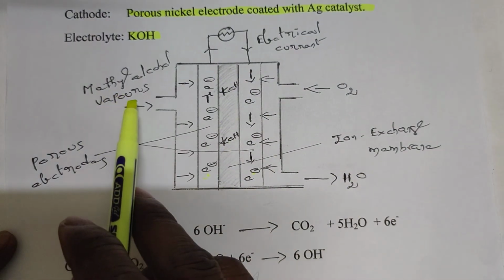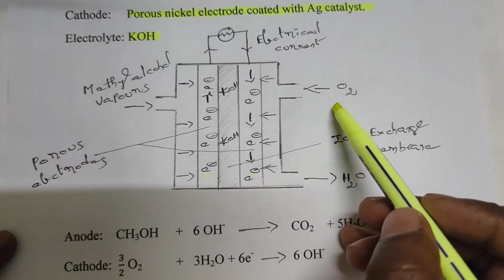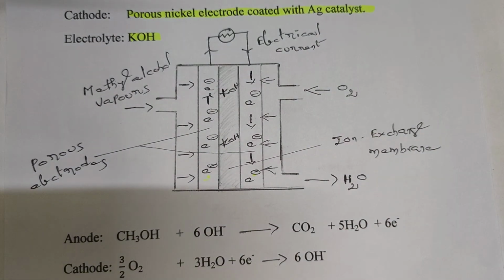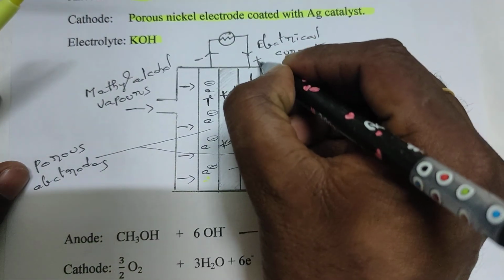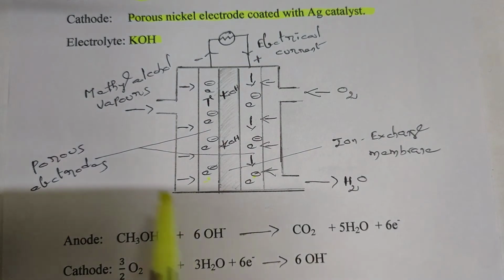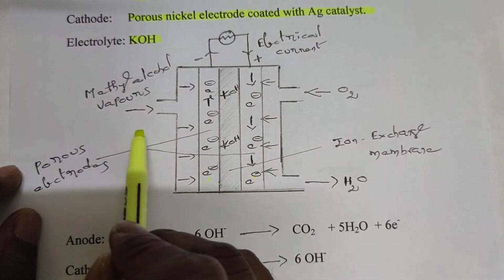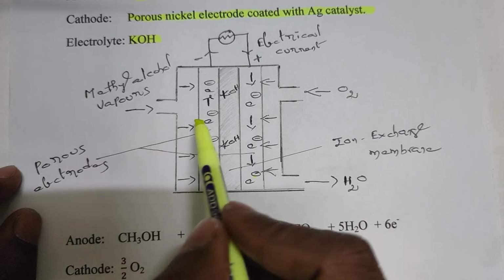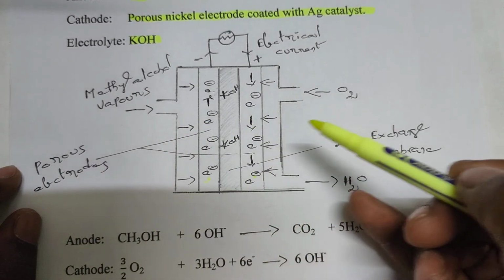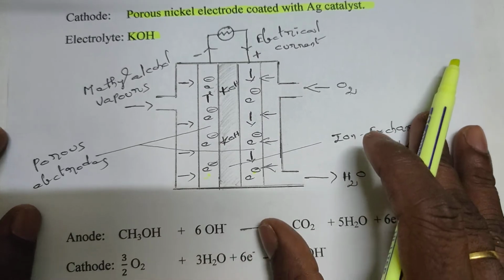From the left side we pass the fuel and from the right side we pass the oxidant. Always the fuel acts as anode and the oxidant acts as cathode. These two are porous electrodes, that means through these pores fuel and oxygen enter the ion exchange membrane.